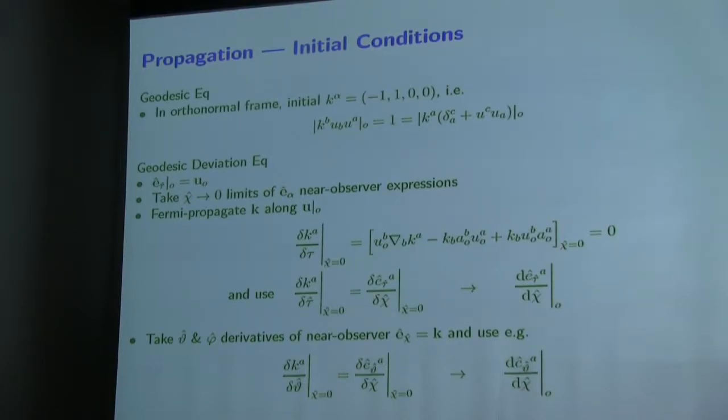Okay. So what we do is that at some initial time we have a basis, and then at some later time, to propagate that basis to later times, we have to use Fermi derivative is 0. Okay, so we Fermi propagate because the observer may or may not be geodesic. If it's geodesic, then it's simple parallel propagation.